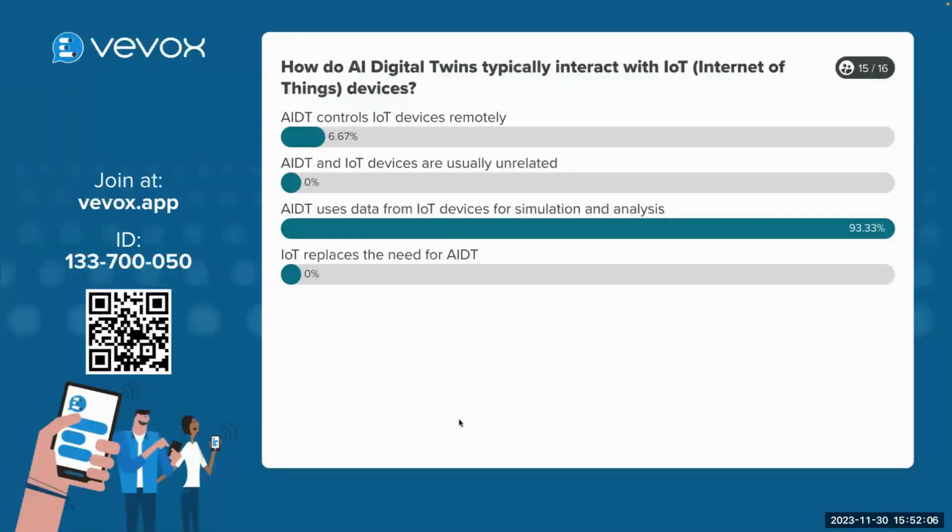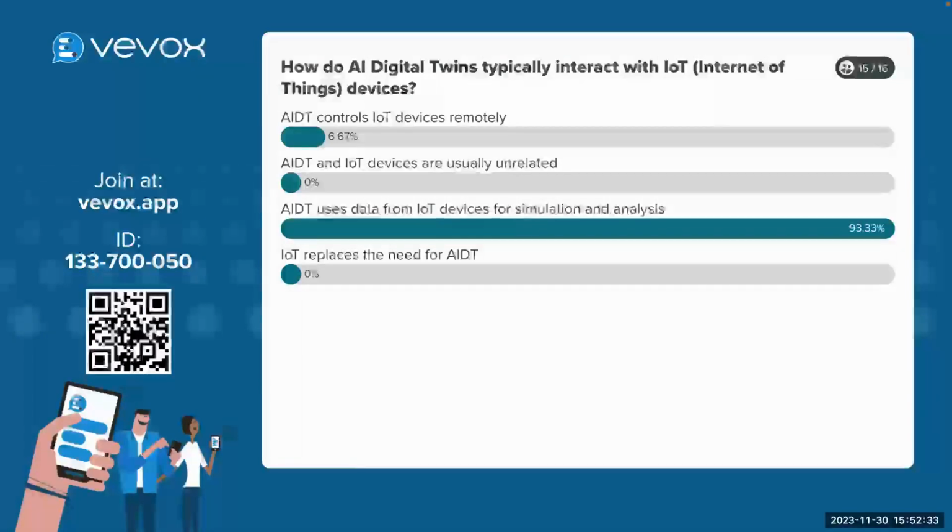Here, in objective, you have already decided about your solution. One of the outputs could be that you send back some signal to your IoT devices. You can change their mode of data collection. I would say yes, it is possible to control IoT devices remotely, but it uses data from IoT devices for simulation analysis.